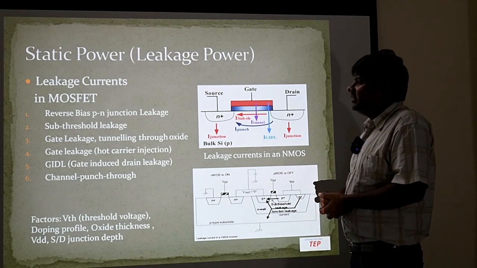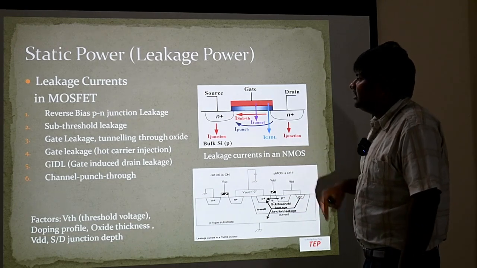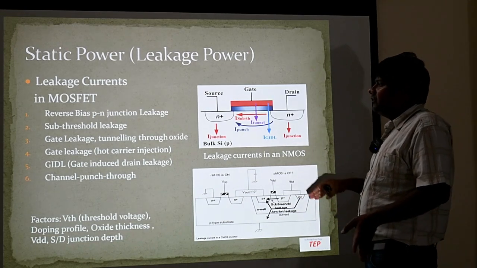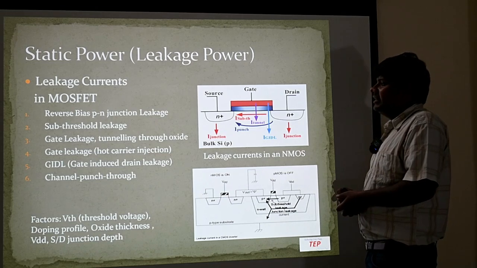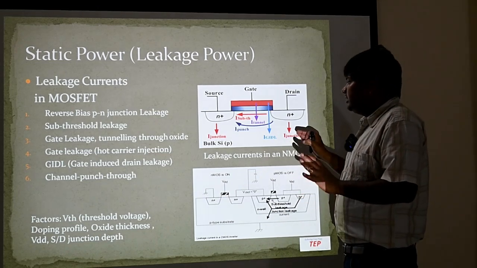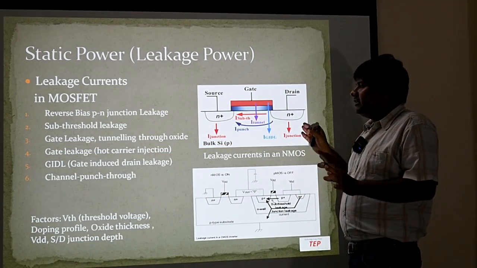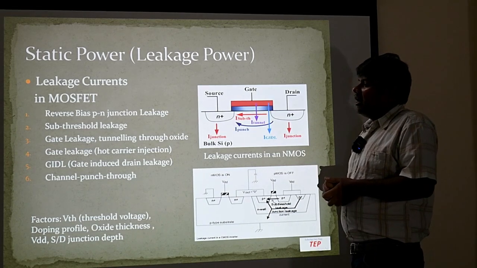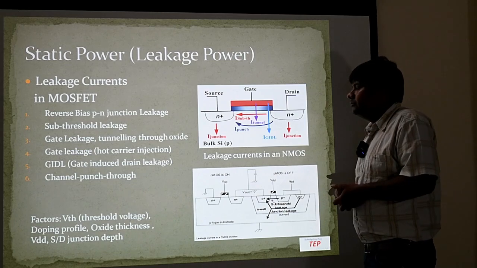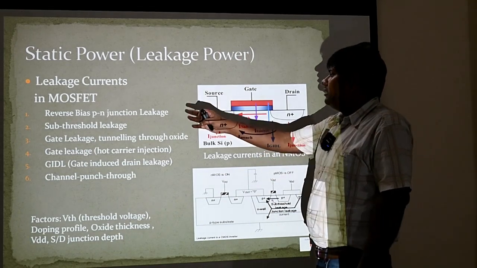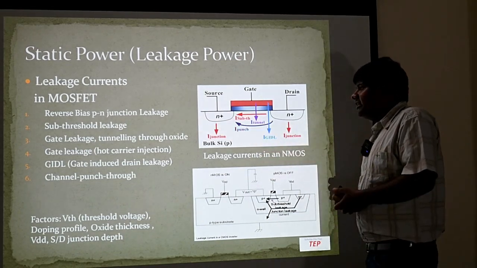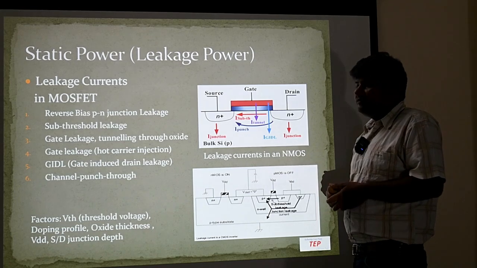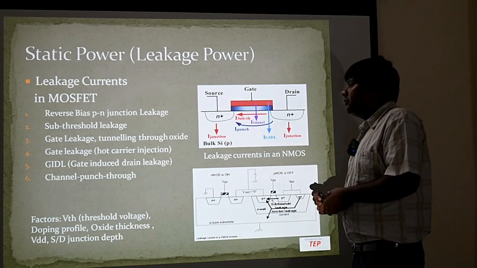So these leakage currents have multiple components. We will not go into the physics of these currents because that is not the agenda. I just wanted you to understand that there are different leakage current components and how we are going to control them later. One is reverse bias PN junction leakage, which you must have read in your electronics courses.